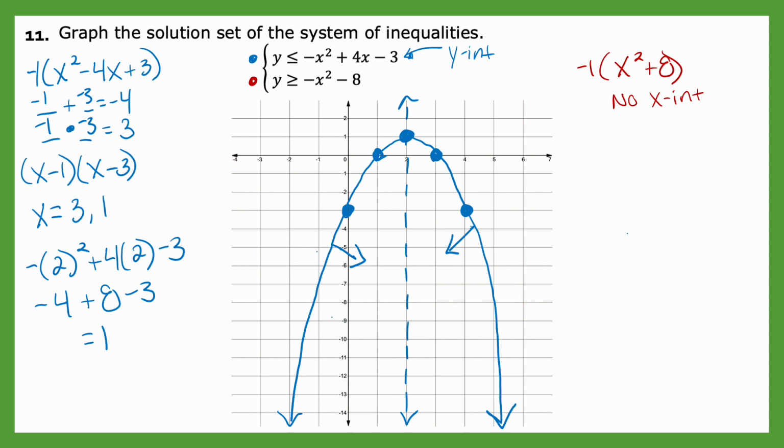So we're stuck using our formula x equals negative b over 2a. What is my b in this problem? 0. I don't have a middle term, so it's a 0. What is 0 divided by anything? 0. So it doesn't matter what 2a is, we're going to get 0. So our axis of symmetry is falling on the y-axis.